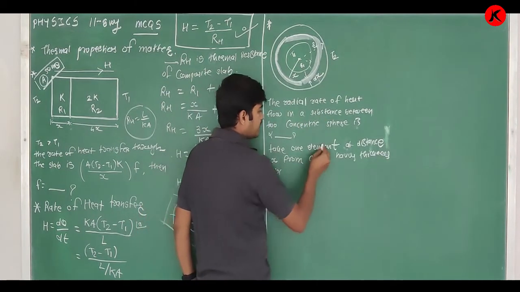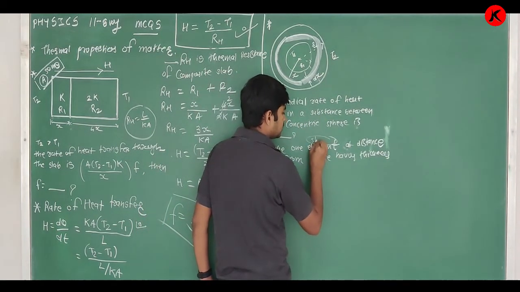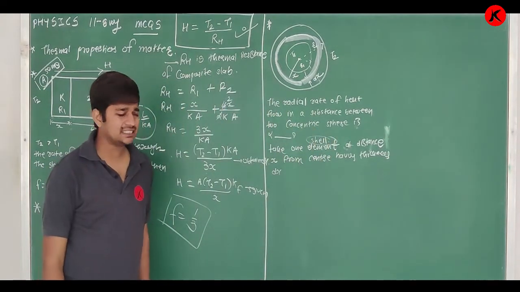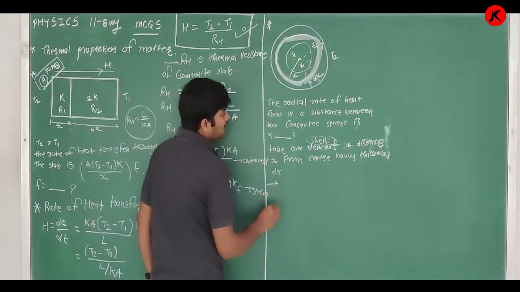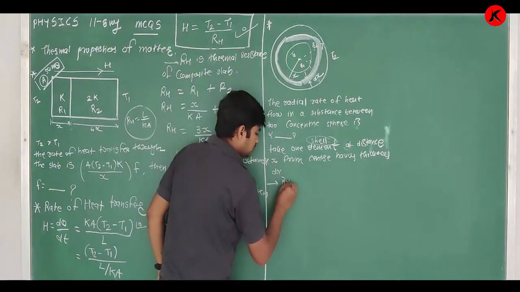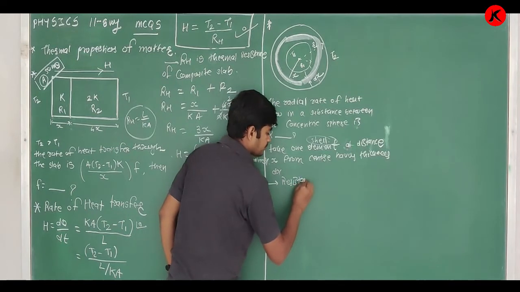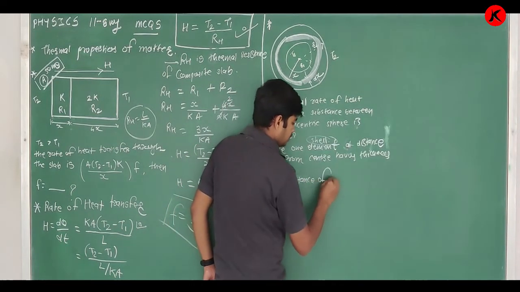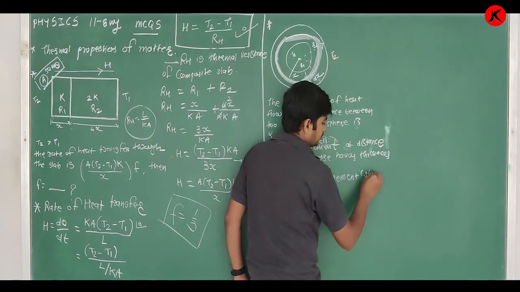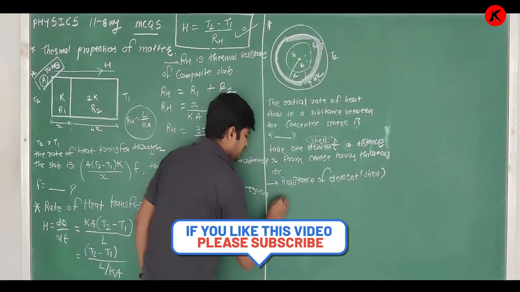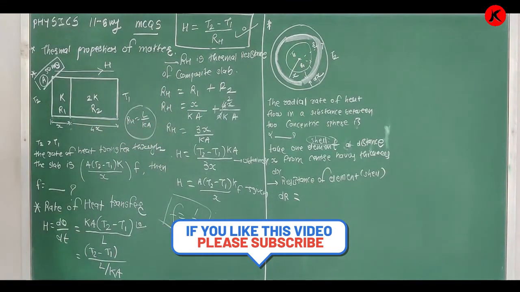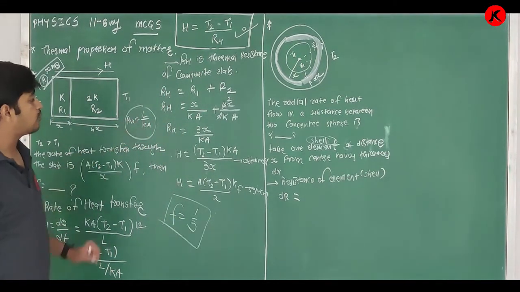This element is one shell. A shell at distance x means its radius is x. So first of all, I will find the resistance of this shell. I will write it here. What is the equation of thermal resistance? R is equal to L upon KA.